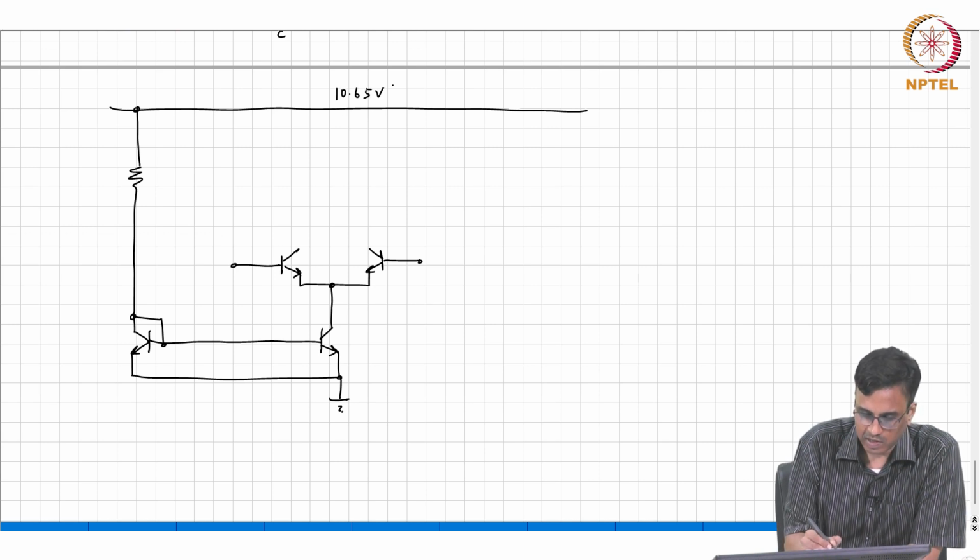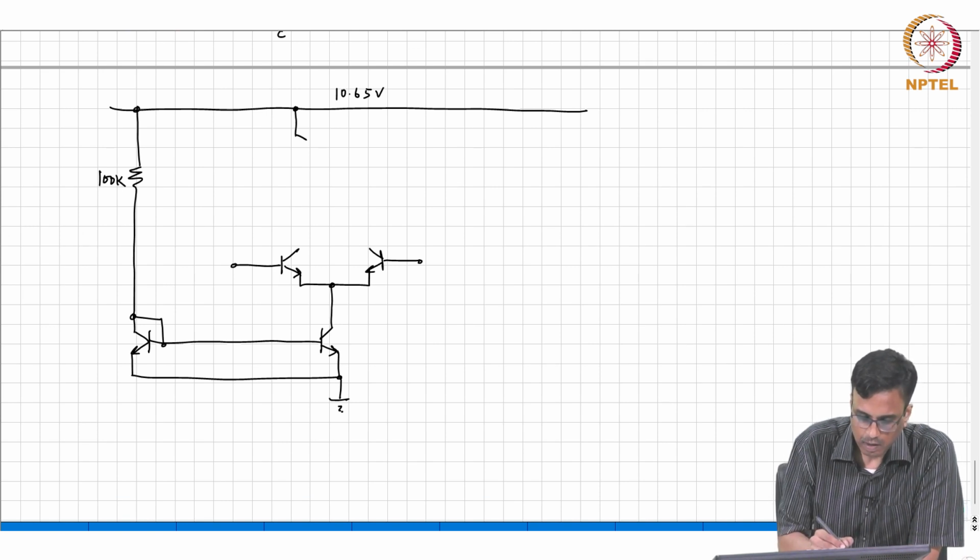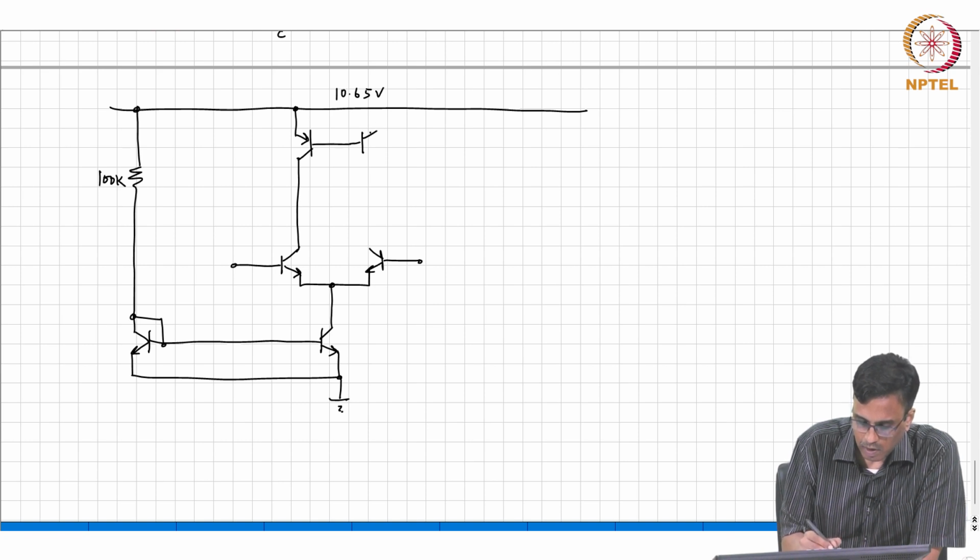This is at 10.65 volts. Let us say this is 100K. And like before, we use the active load.